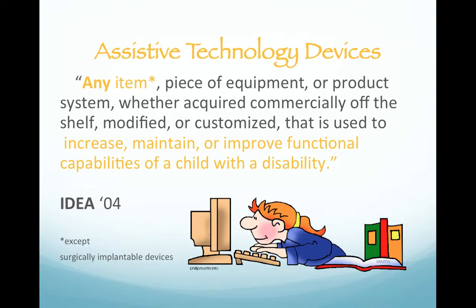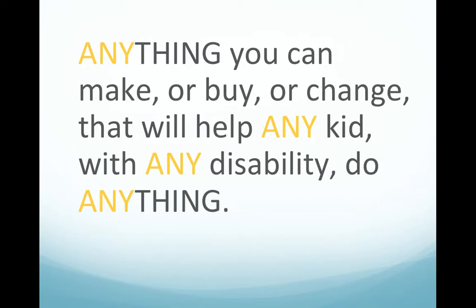A simple way of explaining this definition is that assistive technology devices include anything you can make or buy or change that will help any kid with any disability do anything. In the education environment, assistive technology would include those items which increase the functional capability of the student.